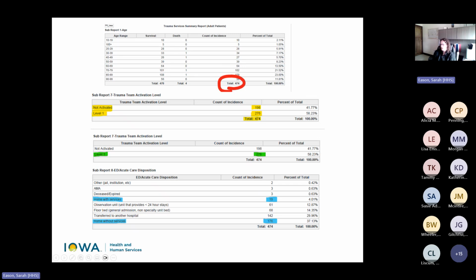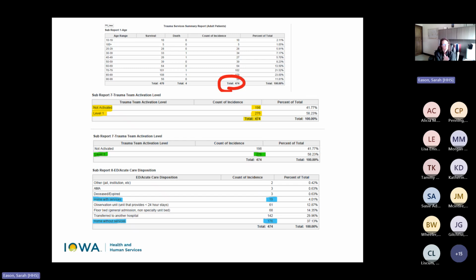Why do I need to look at that? I need to look at the ones that were not activated first, my 198 that should have been called. Were these ones that were sick enough, admitted enough, dead enough to make it into the trauma registry, but yet we missed it on the front door because we missed it as an activation? That is essentially an under triage tool that you need to look at.